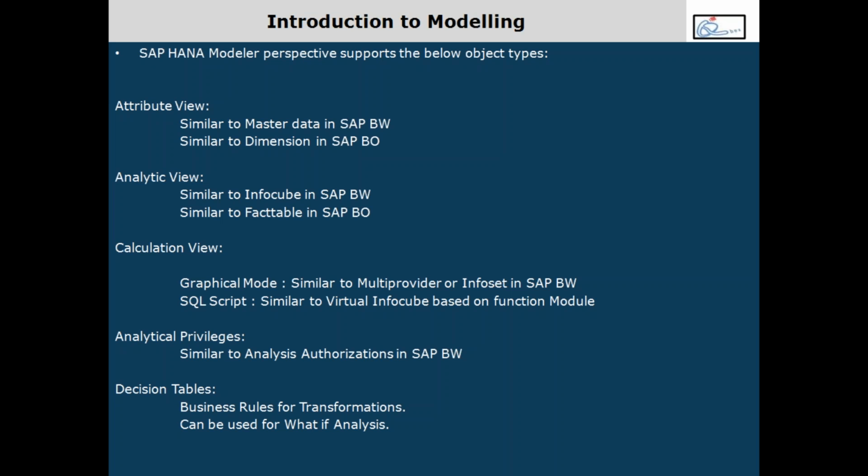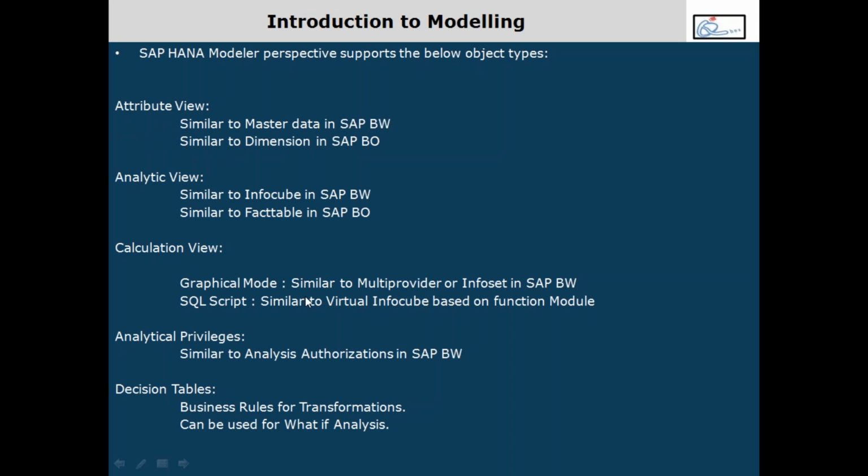Now, is there any difference in that case? I'll tell you later. Your question should be: when I can achieve everything of attribute and analytical views with calculation views, then why do I need attribute views? We won't be in a position to understand this now. First let's understand this, then I'll answer that question: in what kind of scenario an attribute view becomes mandatory, in what kind of scenario an analytical view becomes mandatory.